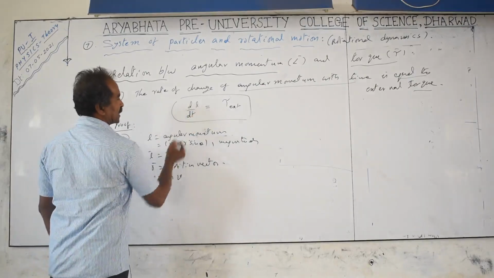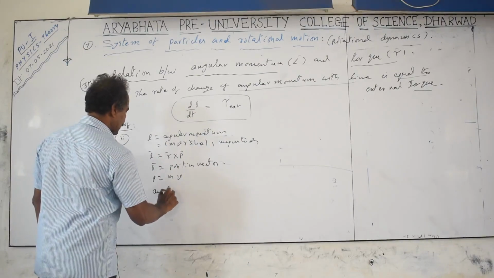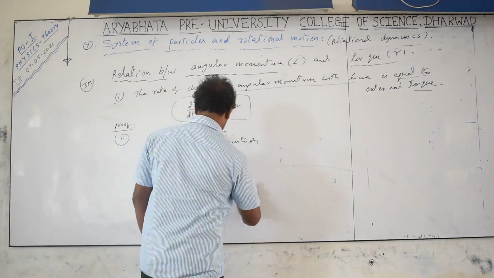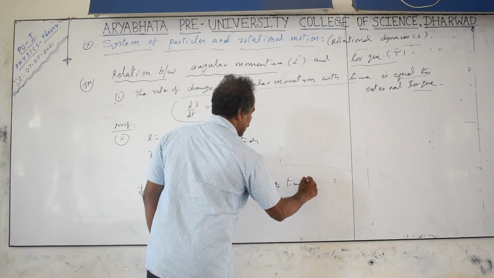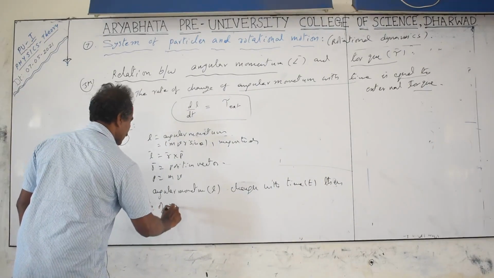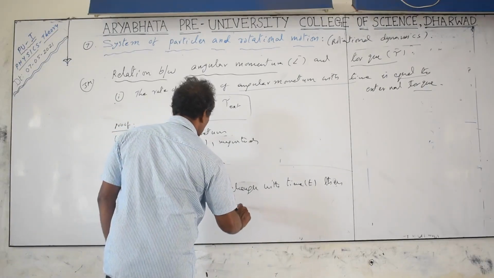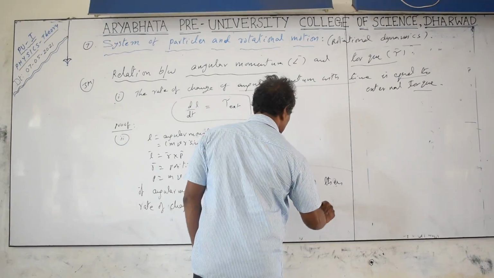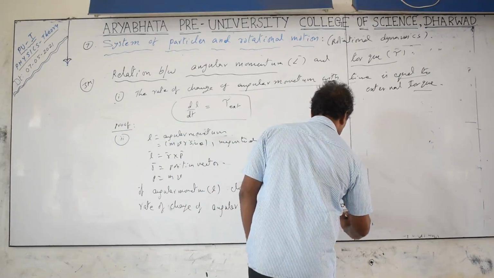If angular momentum L changes with time t, then the rate of change of angular momentum is equal to dL by dt.